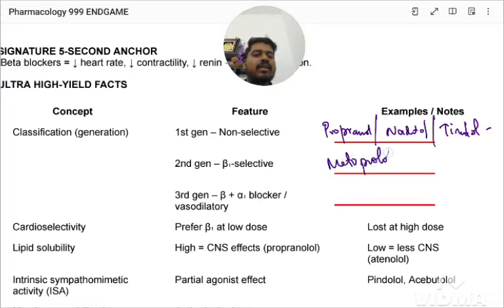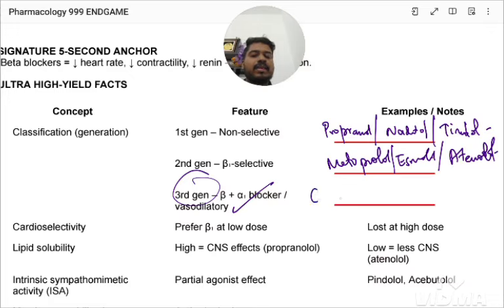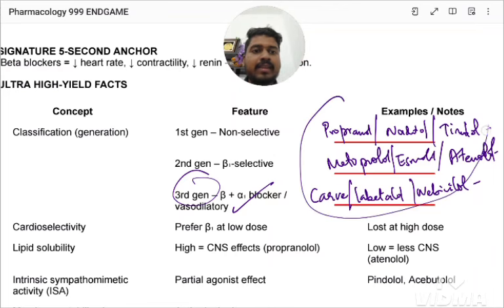Metoprolol, esmolol, and third is atenolol. Next, which are the third generation alpha plus beta blockers? First one is carvedilol, second one is labetalol, and third is nebivolol. So there shouldn't be any doubt regarding these 9 drugs.